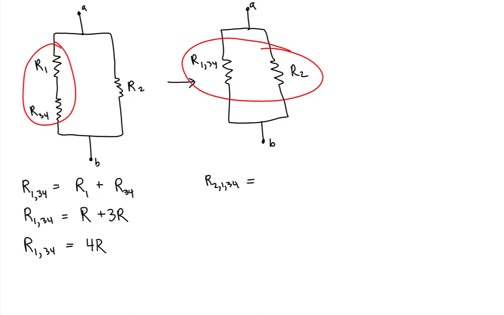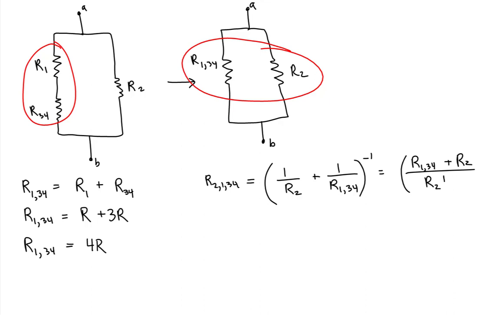And since they are in parallel, we're going to take the reciprocal of the sum of the reciprocals of the individual resistances. So this is equivalent to R1, 3, 4 plus R2 over the product of R2 and R1, 3, 4. We have to take the reciprocal of that.